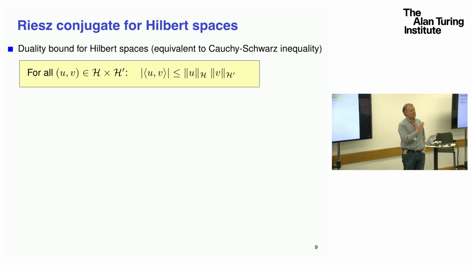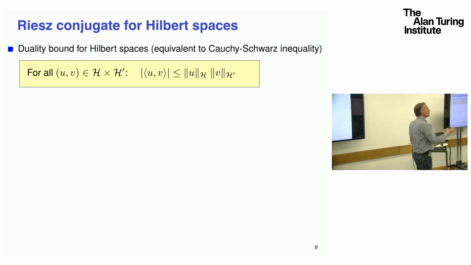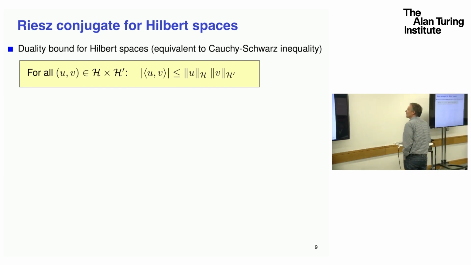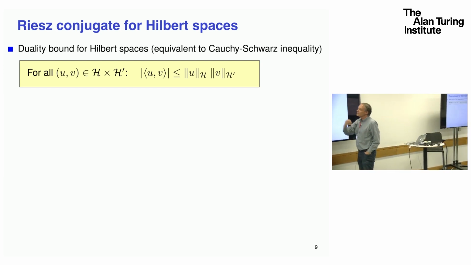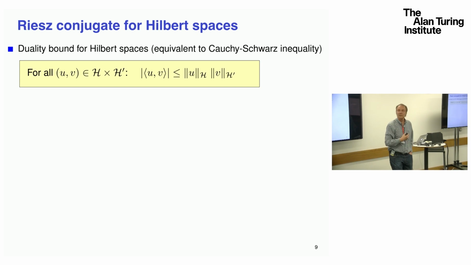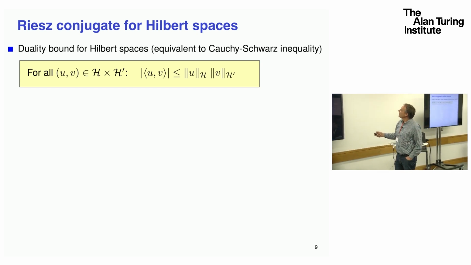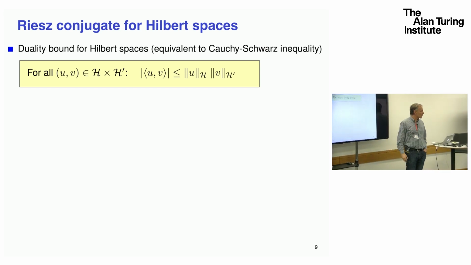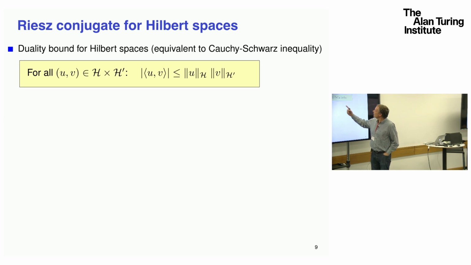Now, if you look at, for example, this paper of Karl de Boer in 1966, you see that the tool here is the use of the Riesz conjugate. And if you look at this duality bound for Hilbert spaces, which I said is equivalent to the Cauchy-Schwarz, you rather write it like that, okay?